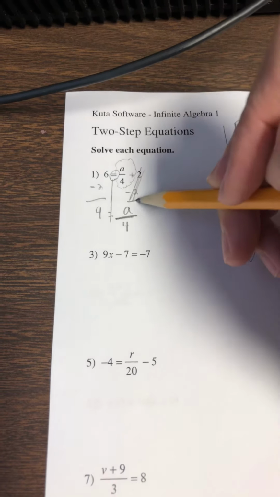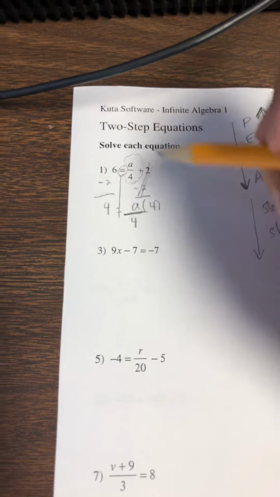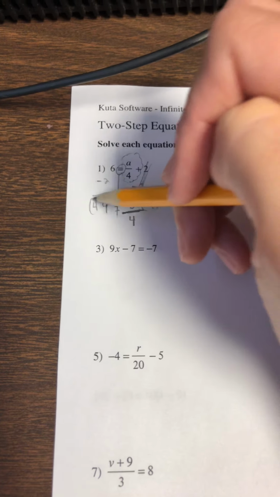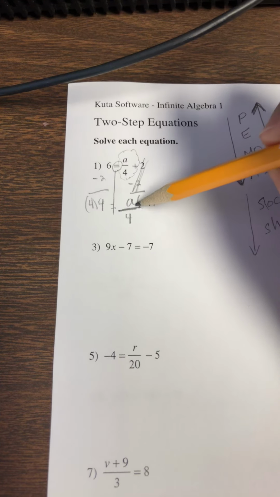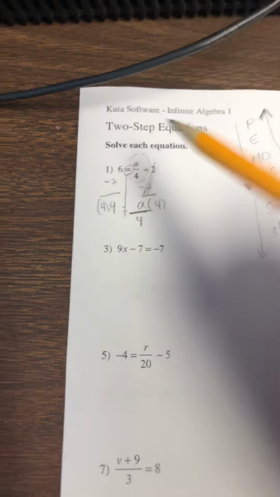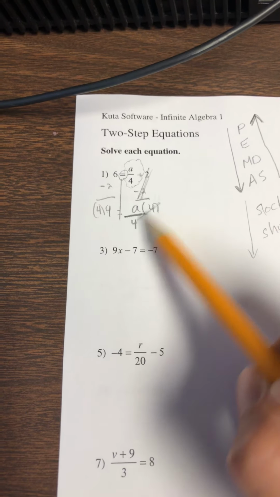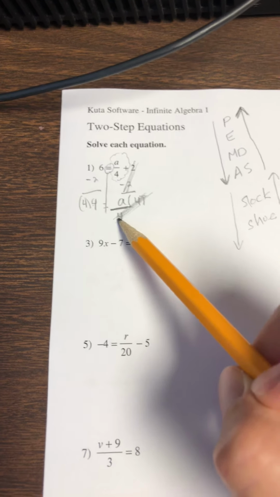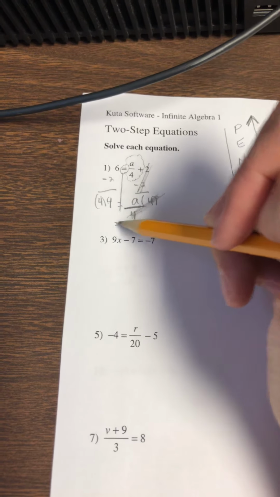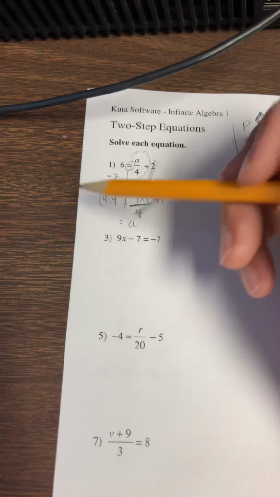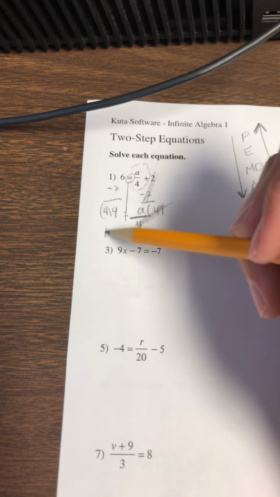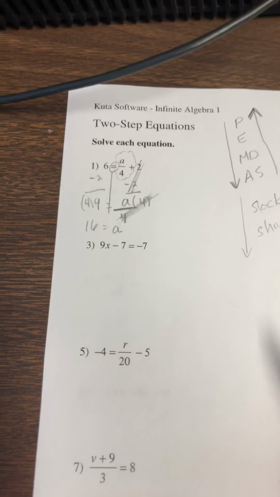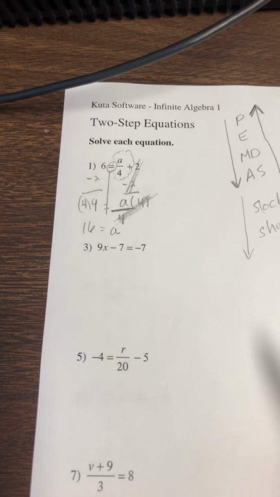The way that I undo dividing by 4 is to multiply by 4. And remember, what I do to one side, I've got to make sure I do to the other. So the 4 from the top and the 4 from the bottom cancel, because 4 divided by 4 cancels. So I have just a plain old a on that side, and 4 times 4 is 16, and that is the value of your variable.